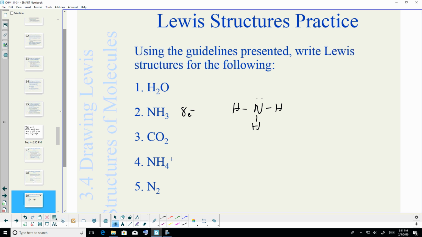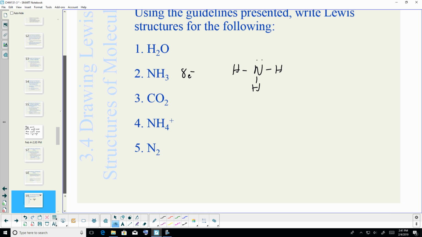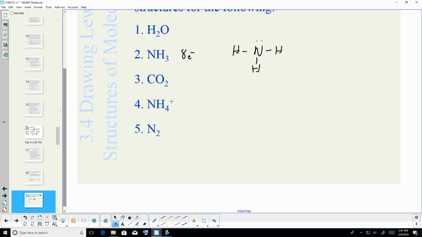This one? Yeah. So plus you'd have to subtract from the total. So let's try this one. How many total valence electrons?